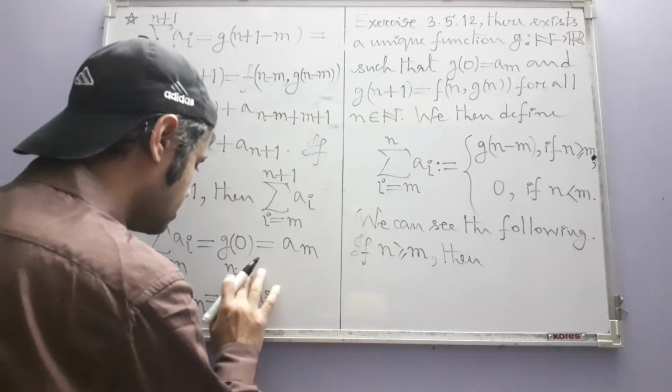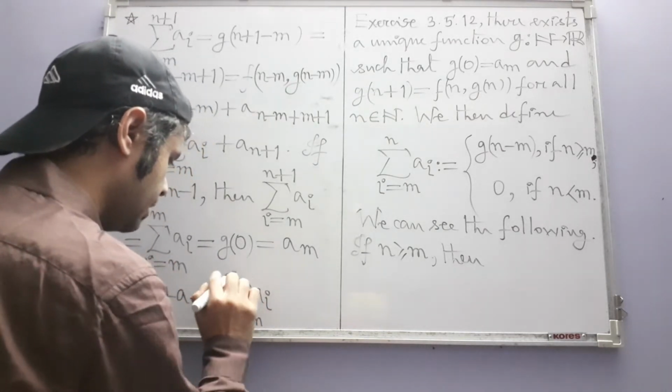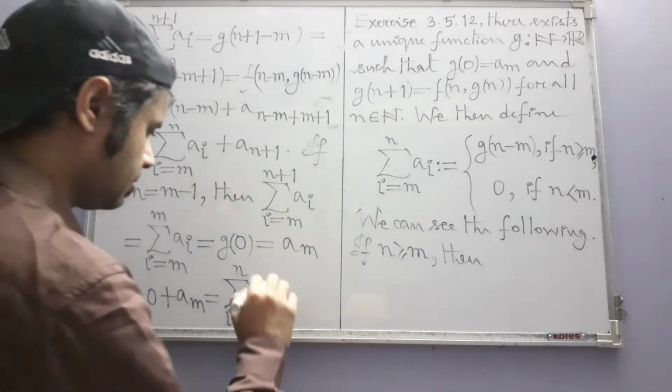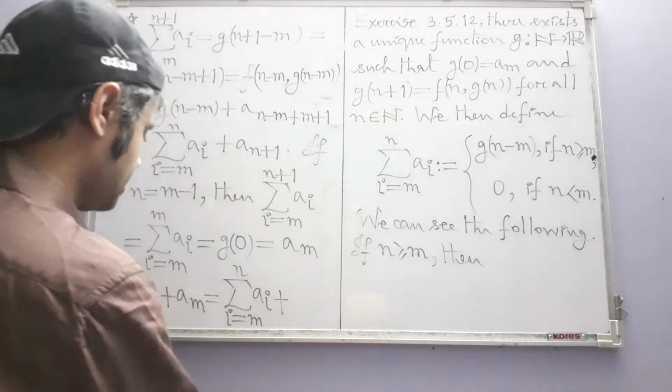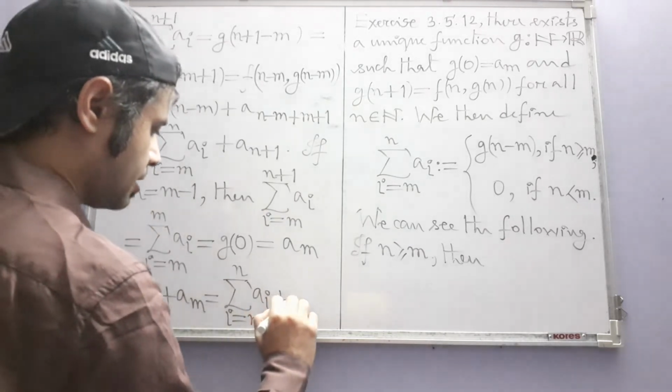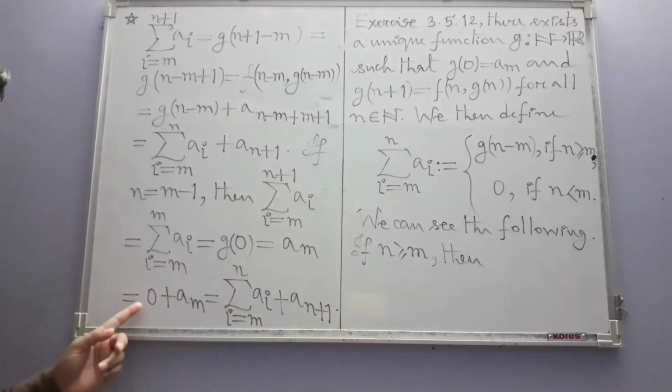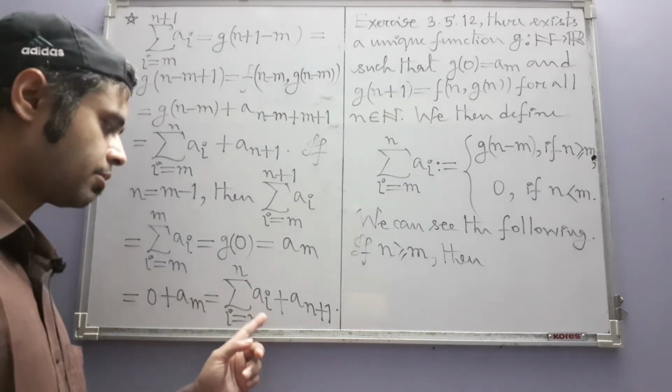Oh, sorry, this is not n minus 1 but n. And what is m? m is n plus 1. Why am I able to write this in place of 0?